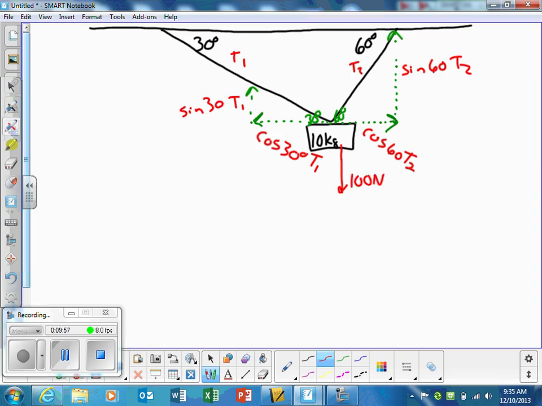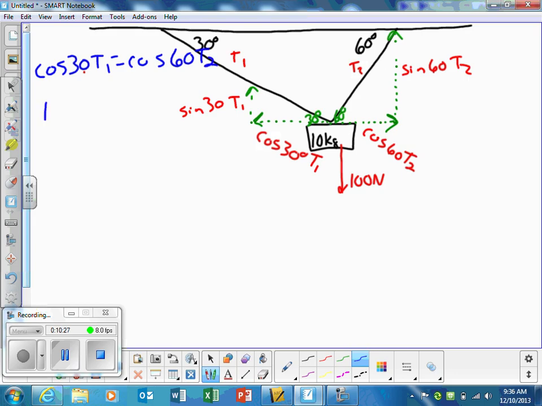Right? Okay, so now I'm just going to start out with, I guess I can do my cosine stuff first. So the cosine of T1 equals the cosine, oh, sorry, I did that wrong. The cosine 30 T1 equals cosine 60 T2.